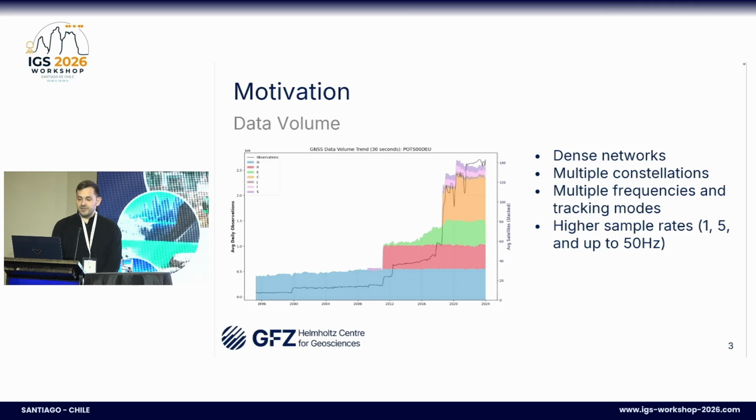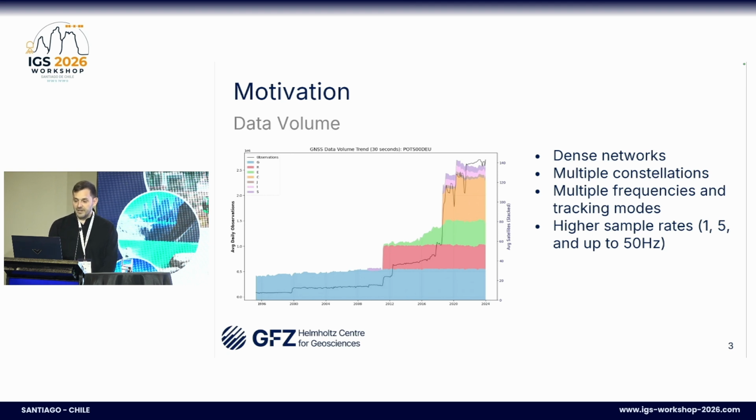First motivation is the actual data volume. You can see a plot here for the station Potsdam that was installed in 1994. Back in the days, we had 30 satellites, only one constellation. We only tracked with a 30-second sampling interval.